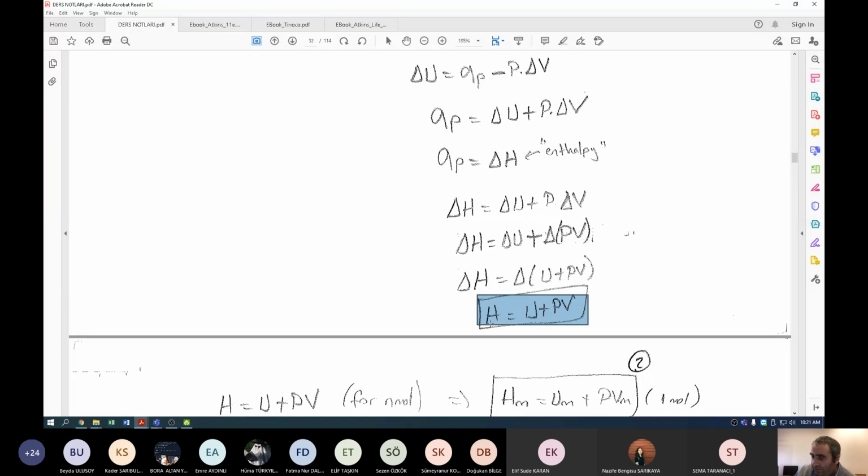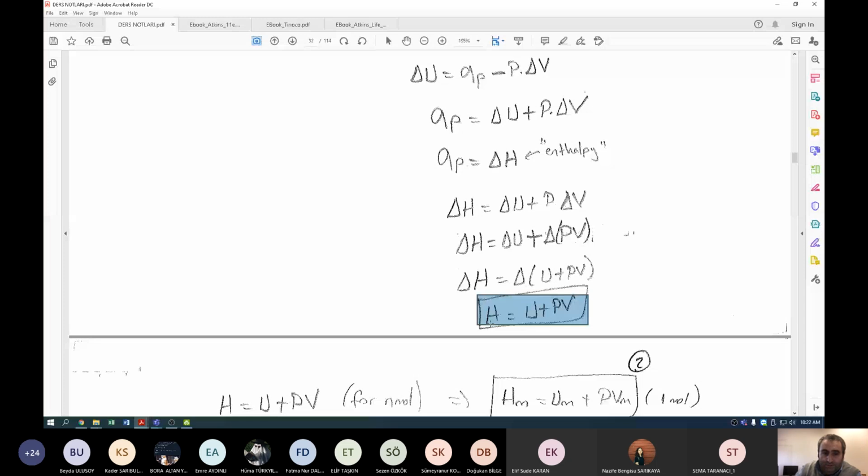It is just like the energy, a heat transaction, but instead of at constant volume, it's at constant pressure, which is more widely used because experimentally all the measurements that we are doing are done at constant pressure.